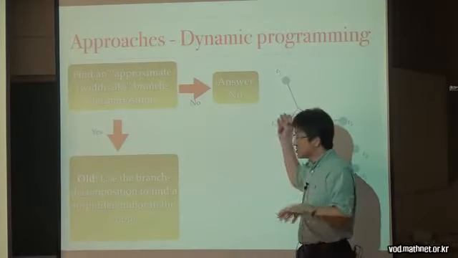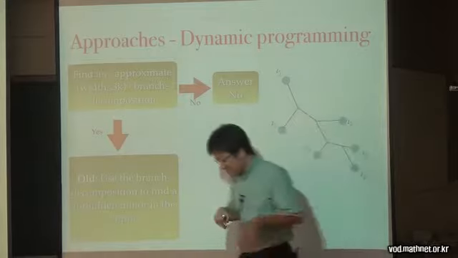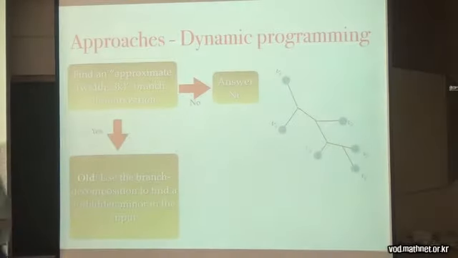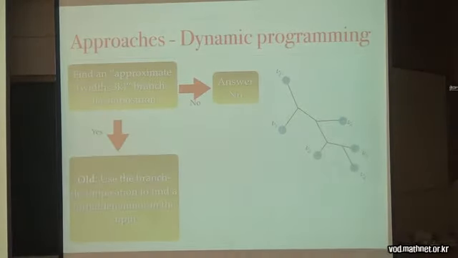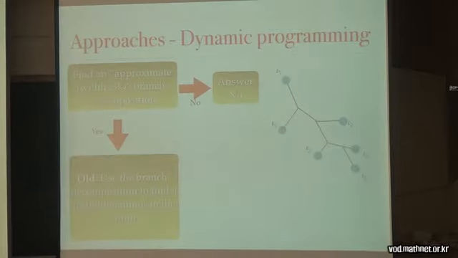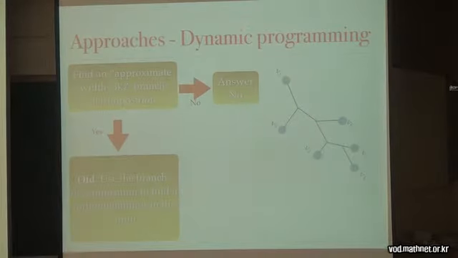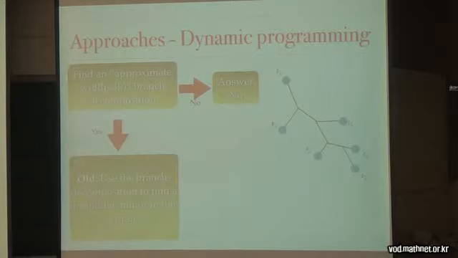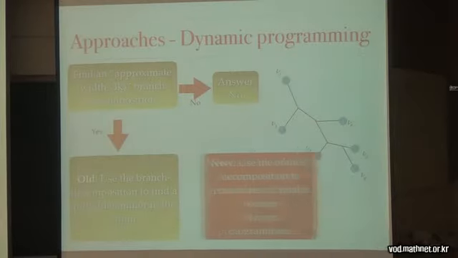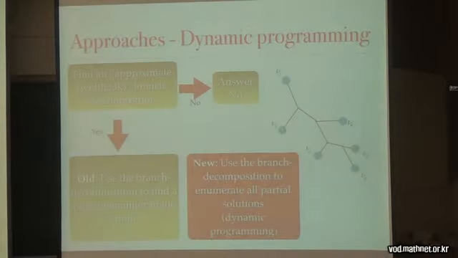And because of this tree structure, we can efficiently test minors. So that was the old idea. And because of the well-quasi-ordering theorem by Jim Geelen and others, there are only finitely many minors to test. And you can just repeat this a million times. But a million is a constant with respect to k, right? So you can do it. But our new method is to use branch decomposition to enumerate all partial solutions.